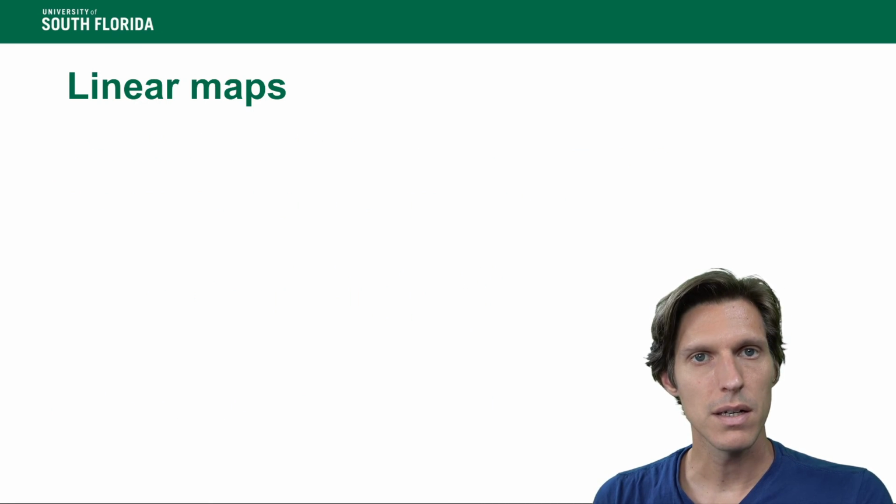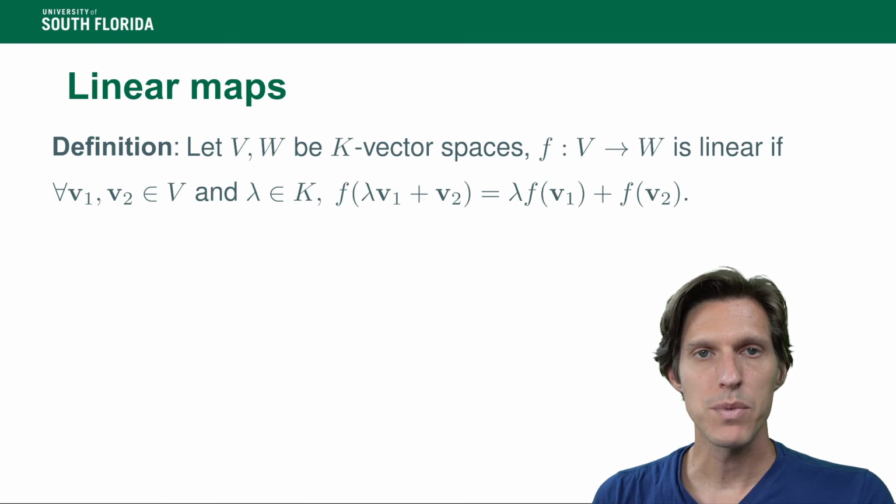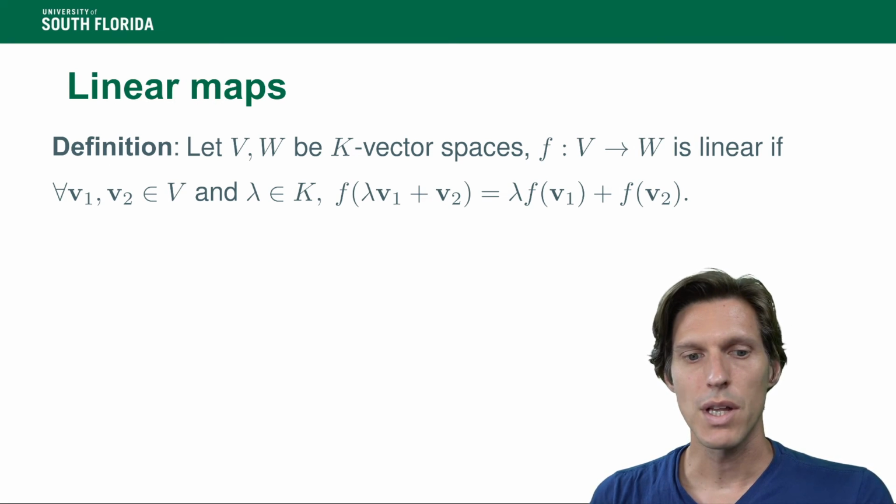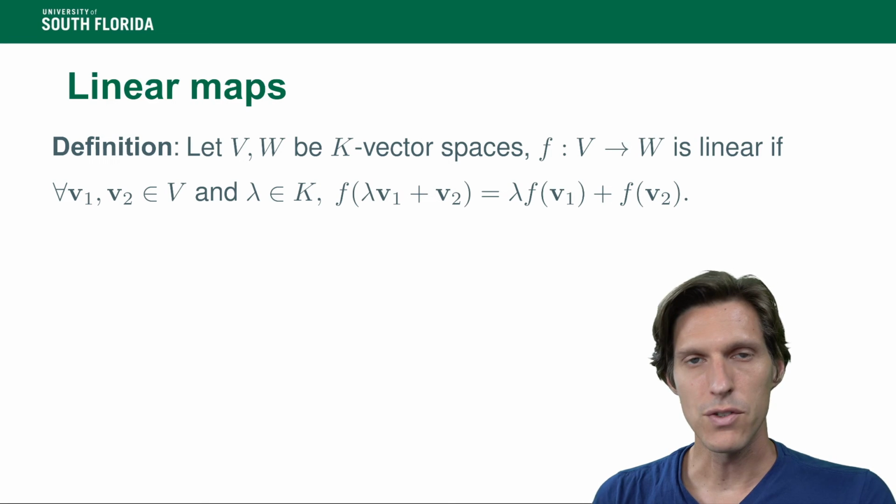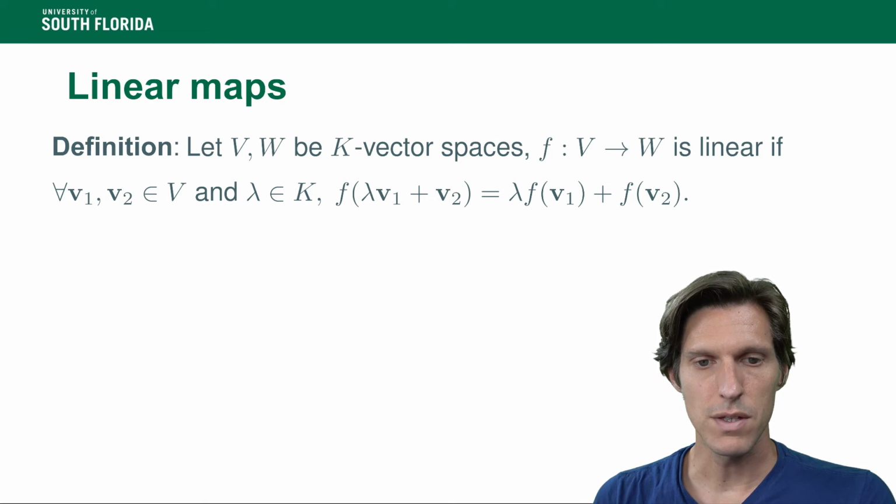Now, the second important application that we'll mention is linear maps. So linear maps are maps from vector spaces to vector spaces, such that for all V1 and V2 in the vector space V and lambda a scalar, we have f of lambda times V1 plus V2 is lambda times f of V1 plus f of V2.